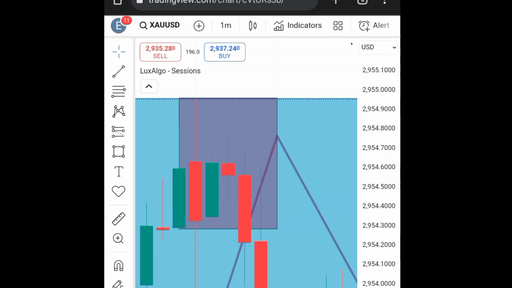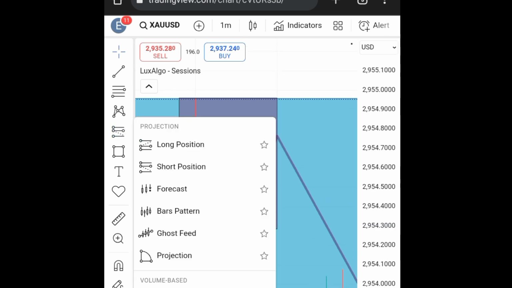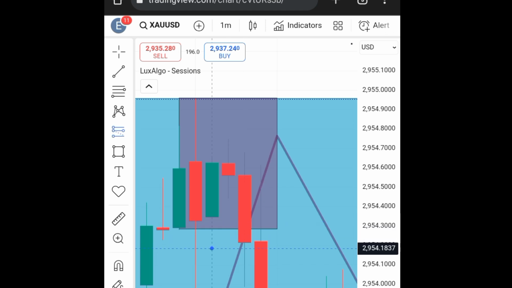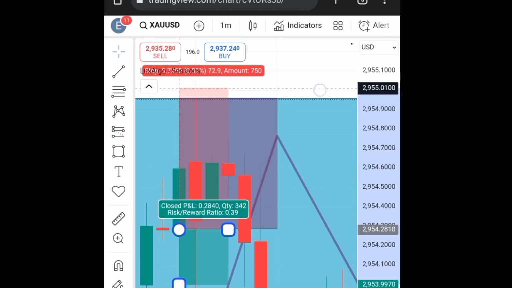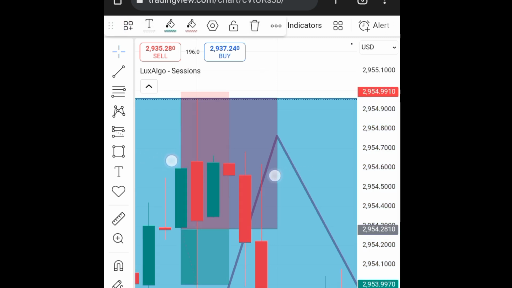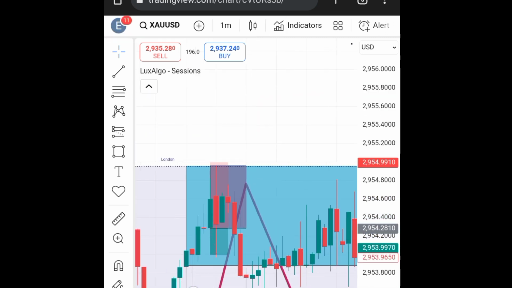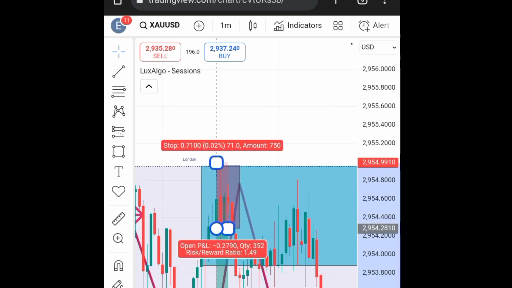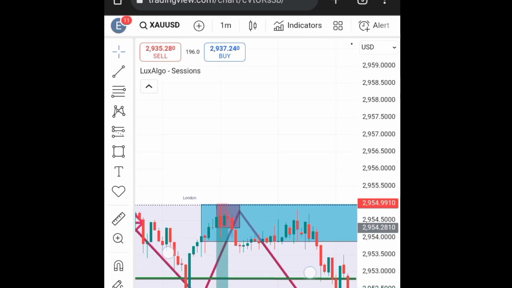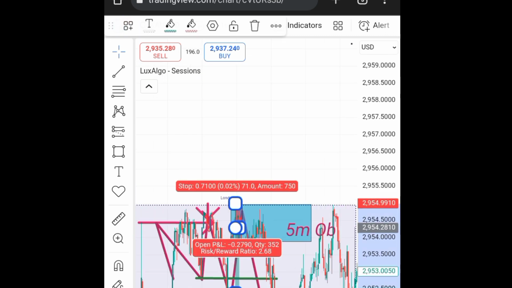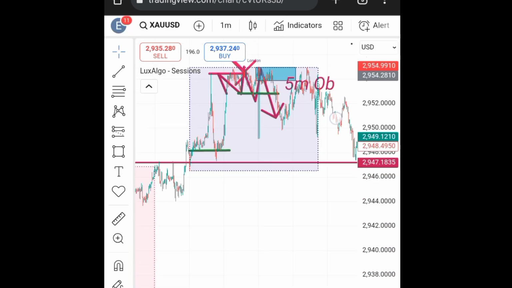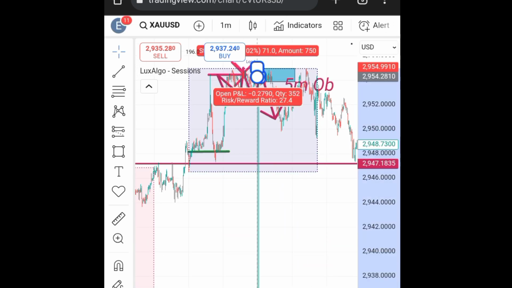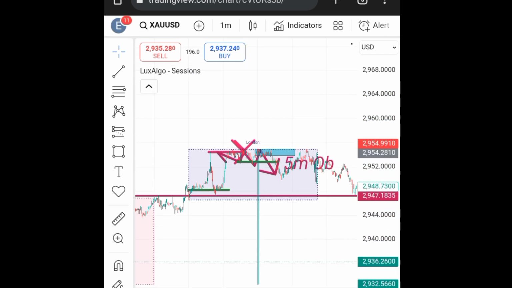We have two ways to place this trade. Either you place your trade right here on this candle, your stop loss comes above this zone, and you target the previous day low. That will be the previous day low, which is the liquidity.